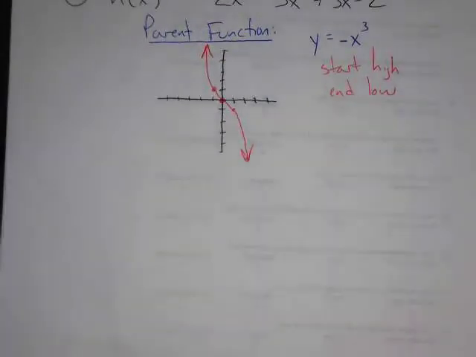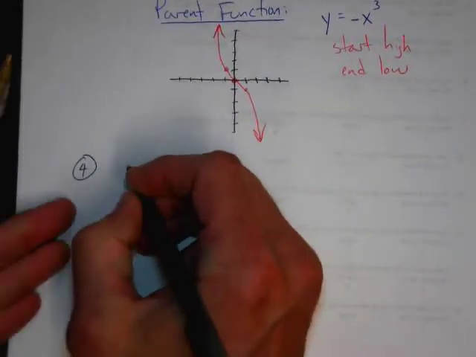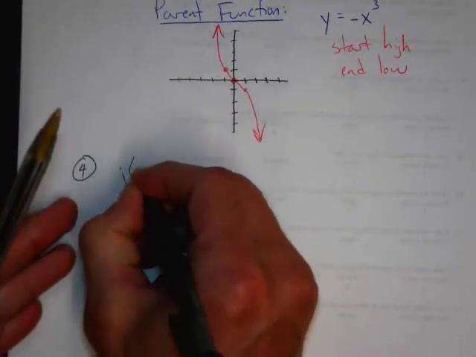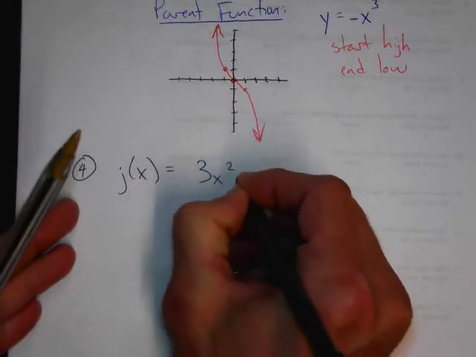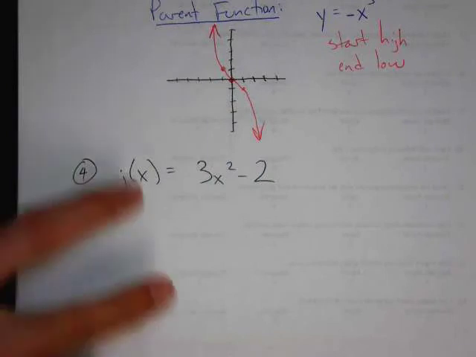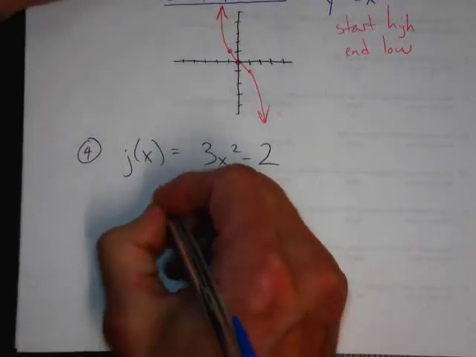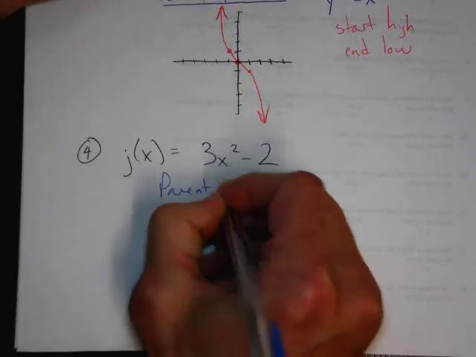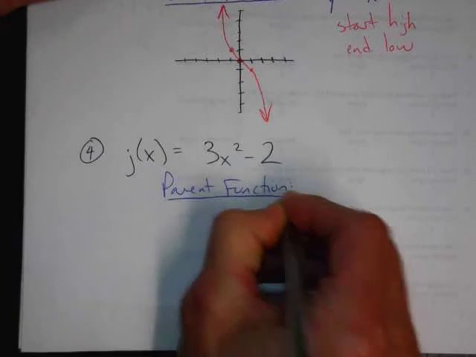So now, obviously, process of elimination gives us equation number 4, but still, let's take a look at the parent function. In equation number 4, we have j of x is equal to 3x squared minus 2. And what we're going to do is investigate, again, parent functions. The parent function is the most simplified version of the operation that's occurring.